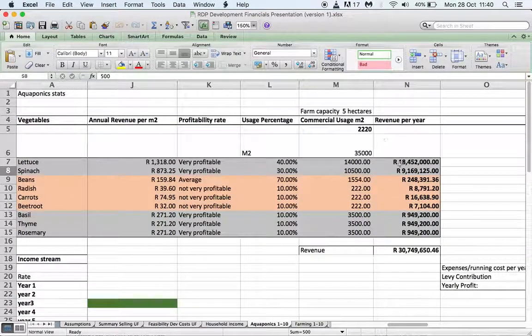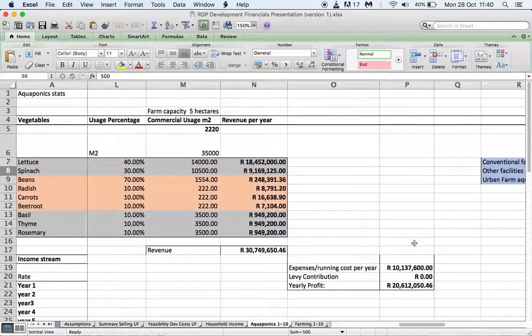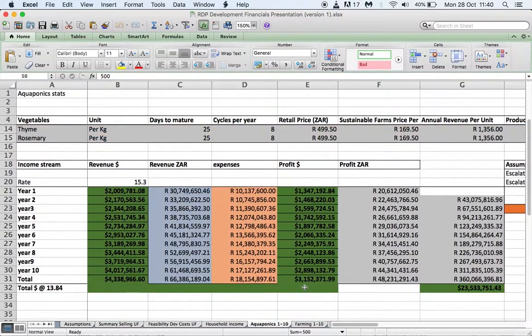It shows you the yearly revenue you expect to make from all that, then your running costs and expenses, and then your yearly profit. Here it shows you year by year how much revenue, how much expense, and how much profit. And it shows you a 10-year period of how much money you'll be making, which is quite substantial.